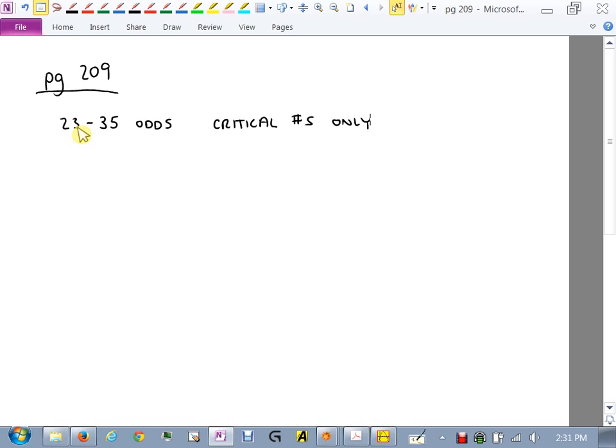So you don't have to go through and do that closed interval method where you test the endpoints and all that. Not on those. But 37 through 43 odds is the full-blown find the absolute maximum and minimum values of the function on the given interval. So for that, you need to use the closed interval method.